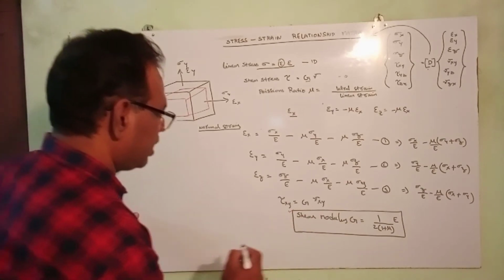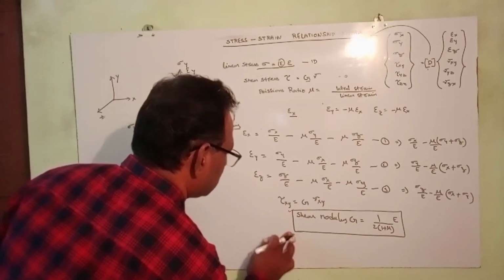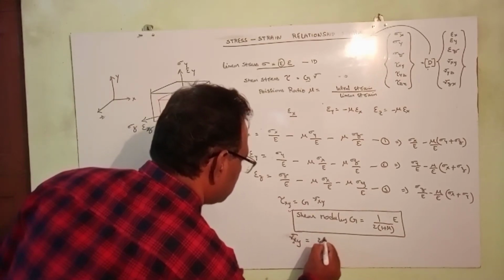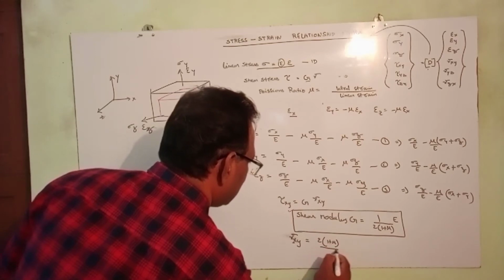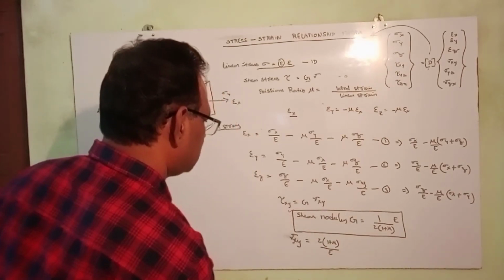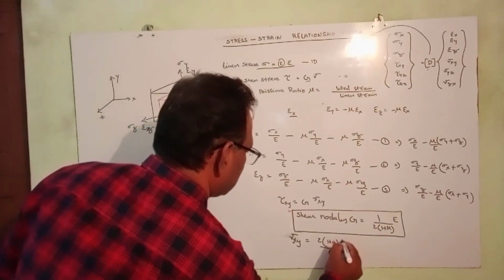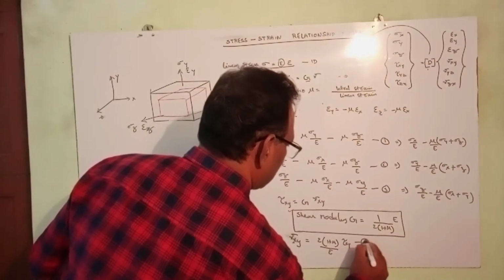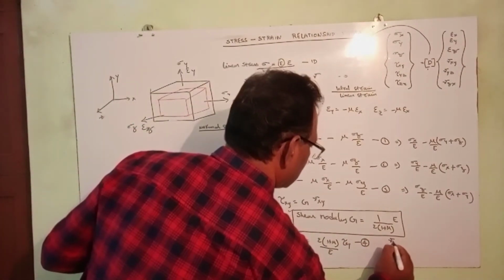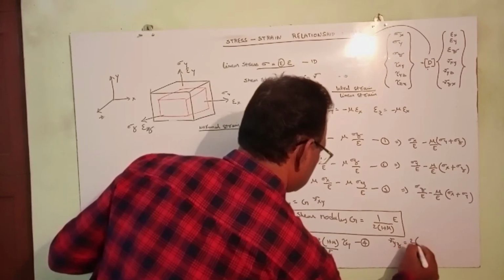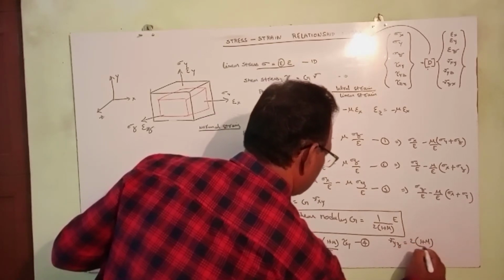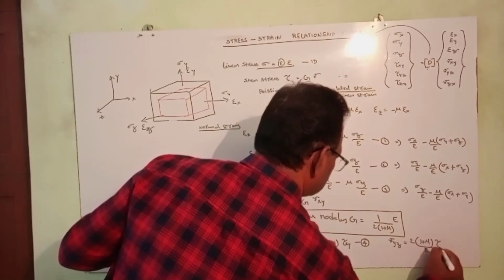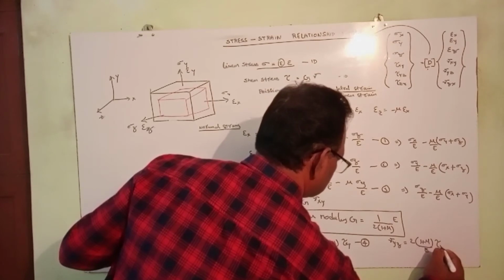So then you can get tau xy, or you can directly write gamma xy equal to 2 into 1 plus mu by E into tau xy. This is equation number 4, suppose say. And similarly gamma yz can be written as 2 into 1 plus mu by E into tau yz.